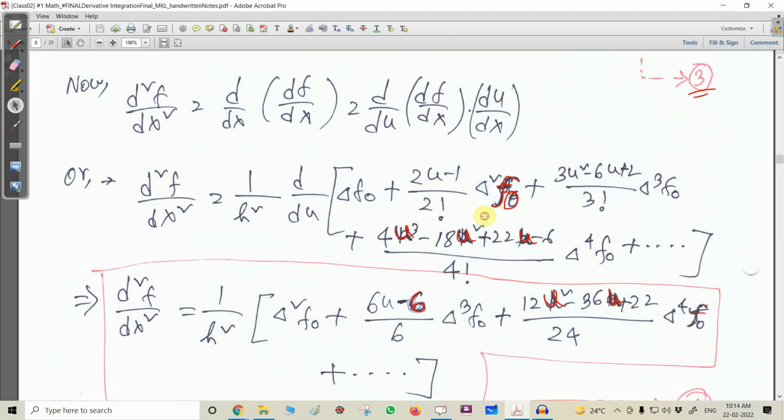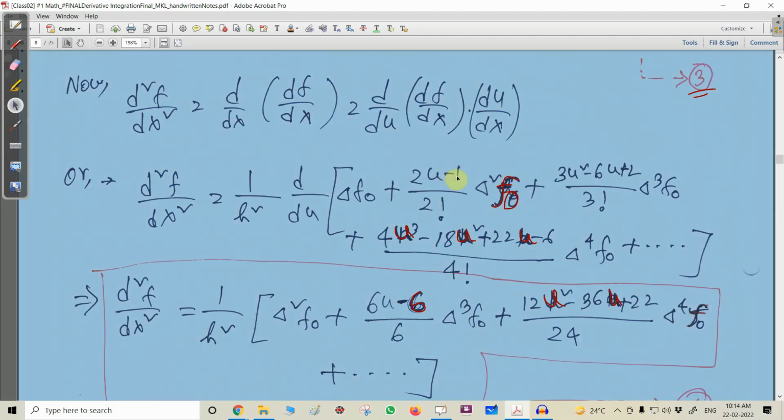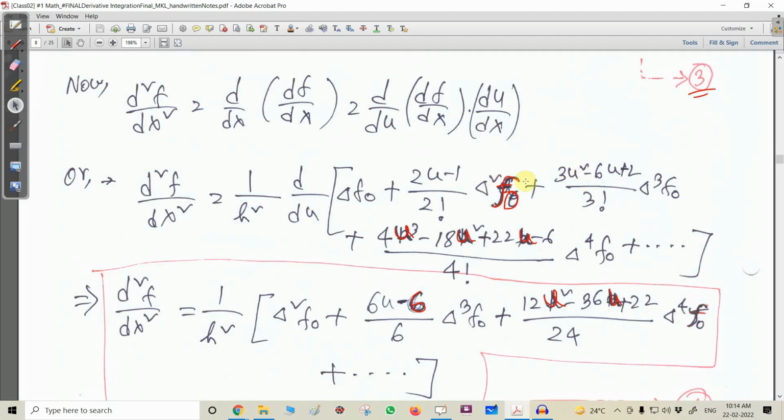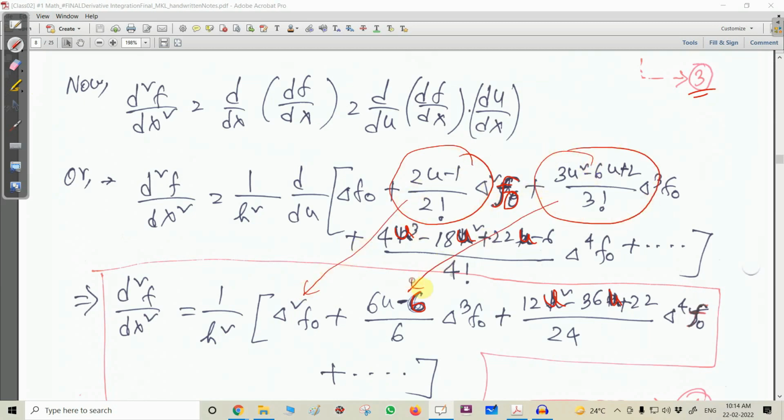You will only get delta square f0, and d du of minus 1 equals to 0. Similarly from this term you are having this one, and if you take the derivative of this it will give you 0, right? From this term you are having this. Do that, then you will know.